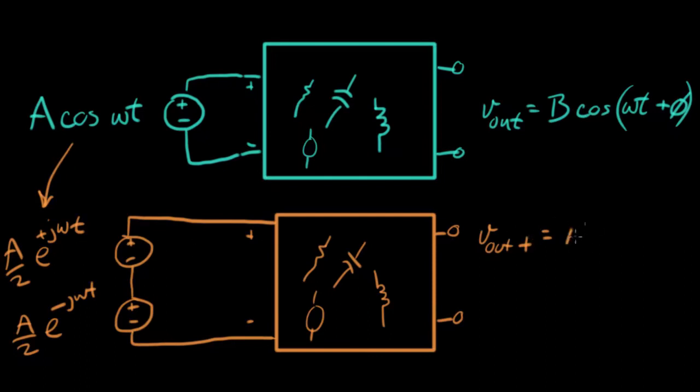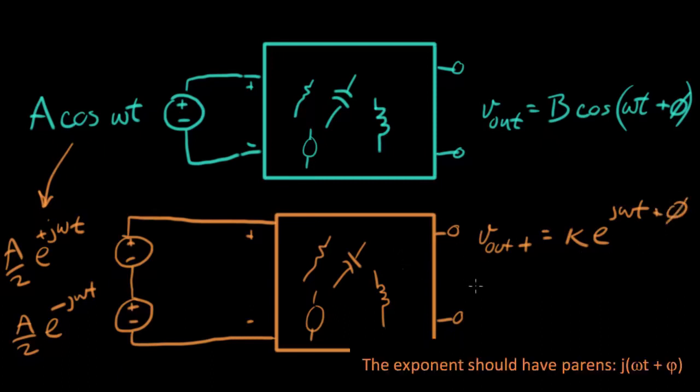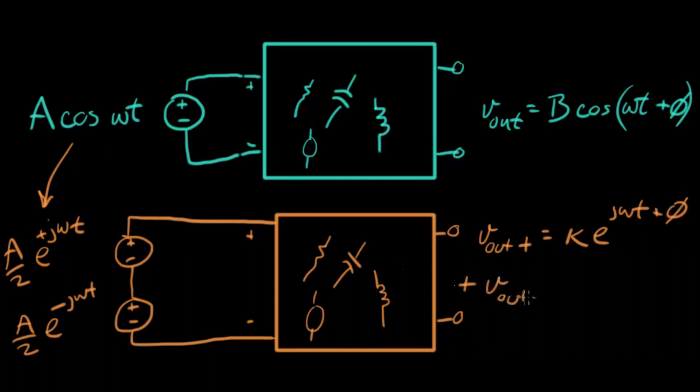It's going to be some constant times e to the j omega t plus some angle. And then I'm going to solve it again. I'm going to add to that V out minus, and I do that by suppressing this input and turning this one back on using superposition.